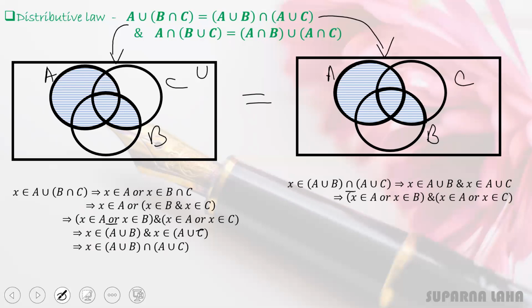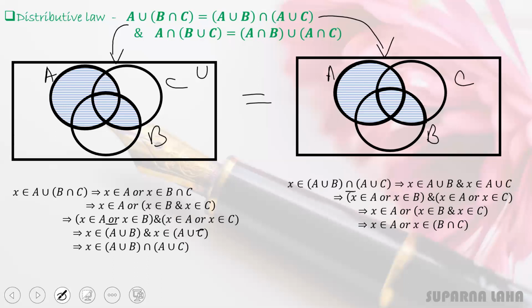So X belongs to A or X belongs to B, and X belongs to A or X belongs to C. Now in these two cases X is present in A also, and then 'or' B or C. So take this X belongs to A on one side and take the others on another side, that is X belongs to B and X belongs to C. Now remove this 'and' with intersection, that is X is present in B intersection C.